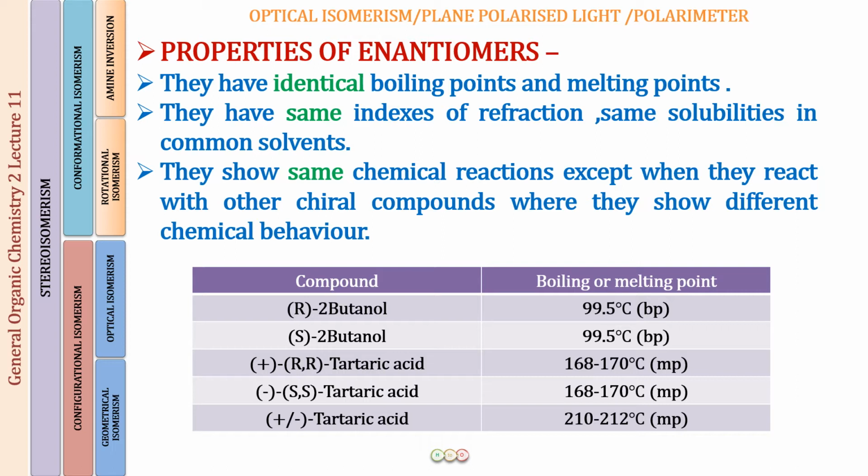And the moment those two similar people interacted with each other, they became entirely different, naughty people, right? So that is why you just remember that chiral compounds, when they meet other chiral compounds, will show different chemical properties, but otherwise they are generally going to show the same ones.